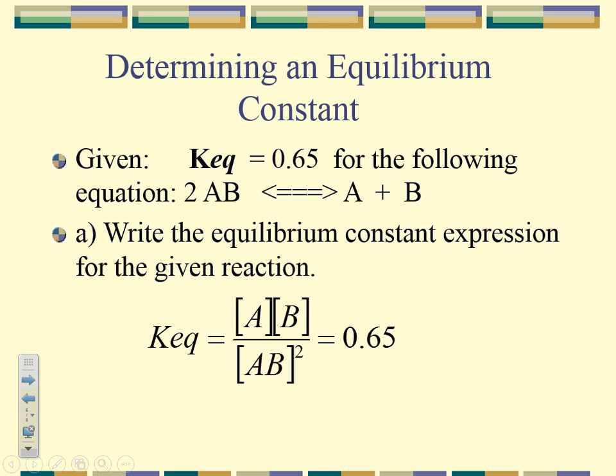We can assume that all of these states of matter are either gases or aqueous solutions. So it would be the concentration of A times the concentration of B over the concentration of AB raised to the second power. And they told us in our given information that the KEQ was 0.65. This is less than 1, not greater than 1. So keep that in mind, and what that means for whether reactants or products are favored.